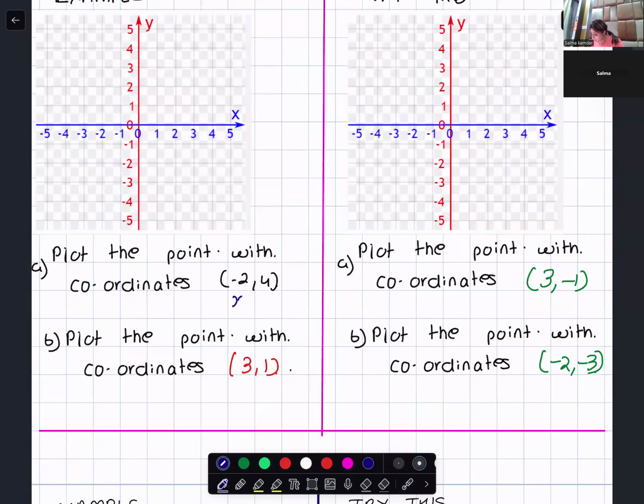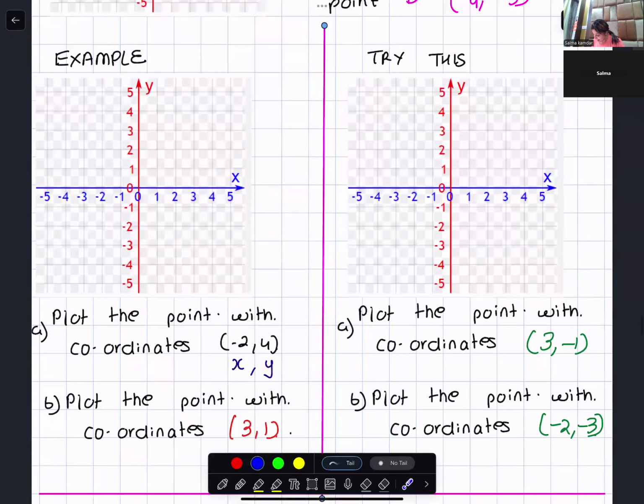So -2 will intersect at the x-axis and 4 will intersect at the y-axis. So -2 on the x-axis is over here.